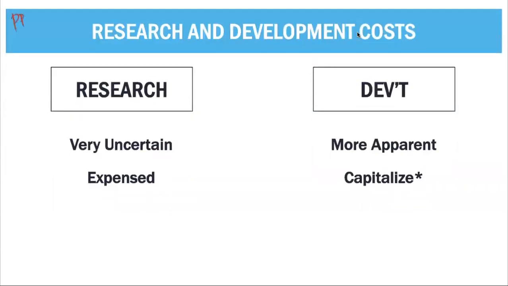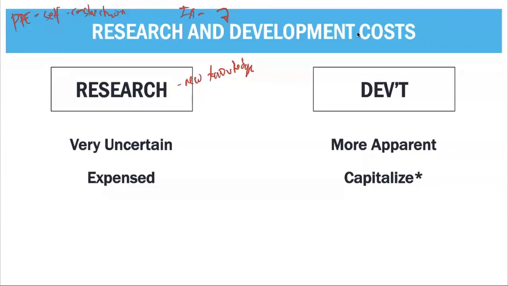If under property, plant, and equipment we have self-construction, under intangible assets we have research and development. In research, of course, you are looking into new knowledge. You try to look and find new knowledge to particularly develop and make into an intangible asset.